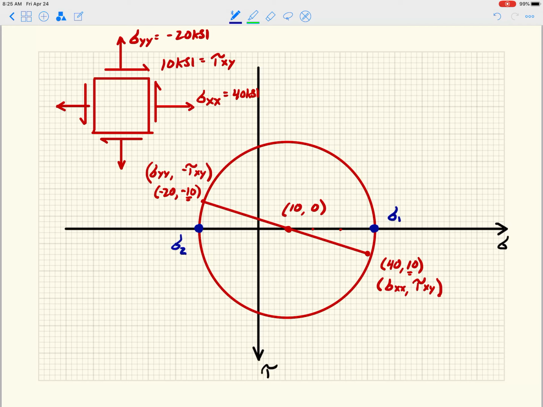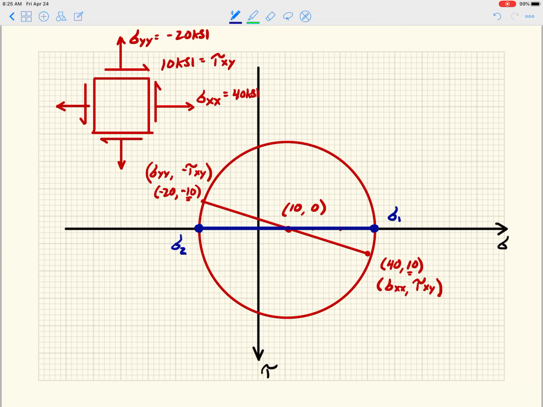For this particular state of stress, those are the maximum and minimum normal stresses that I can see. And so if I want to highlight this horizontal line here, that is associated with the principal stress, right? So always the horizontal line along the sigma axis is always associated with the principal stress, because there is no shear stress there, and that is the definition of principal stress.